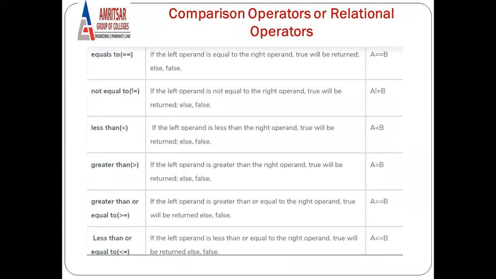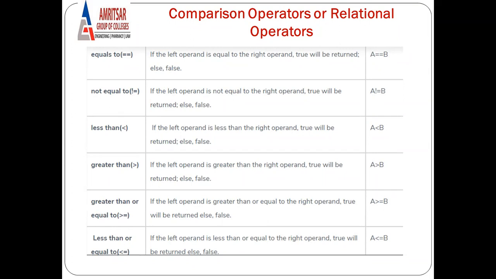So here are some conditional operators like equal to, not equal to, less than, greater than, greater than or equal to, and less than or equal to. Firstly, we have equal to. For example, we write in the table A equals to B. It will return true when the values of A and B are the same. And for not equal to, the result will be true if both are dissimilar.